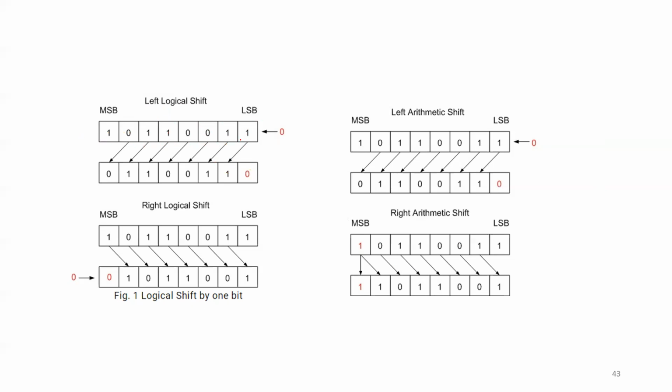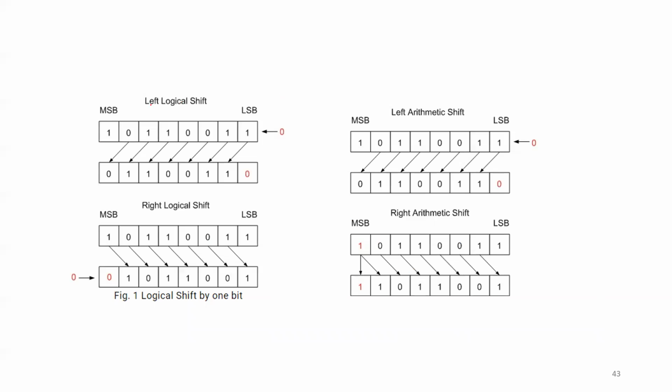As you can see, this one comes in the second bit, and so on, and the last 0 here comes on the most significant bit. For the logical right shift, you will shift the register to the right. So here you have one bit, it will be deleted, it's not going to be shifted. The one would be shifted here, and a 0 will be inserted in the most significant bit. So this is the left logical or right logical instruction.